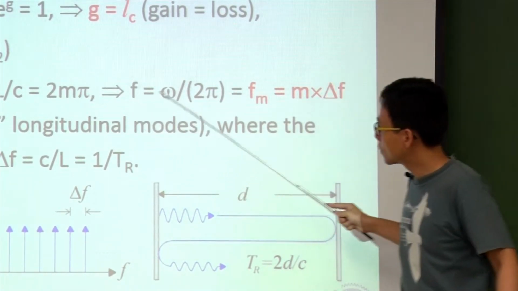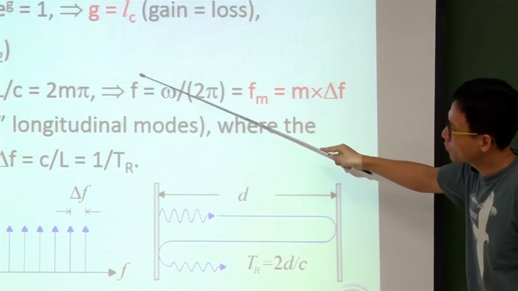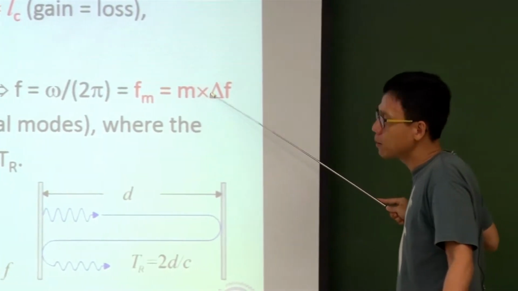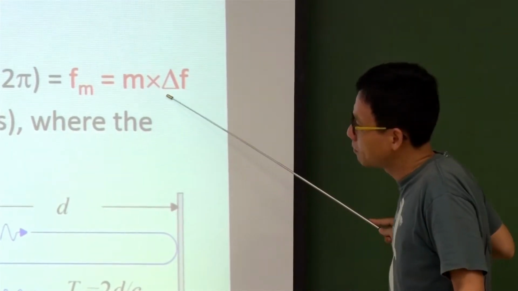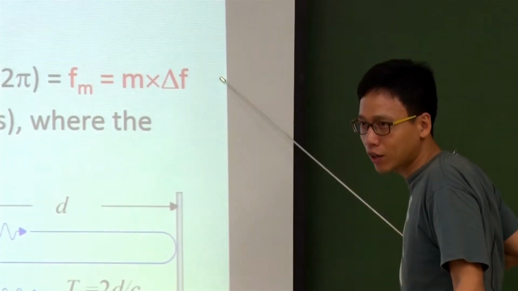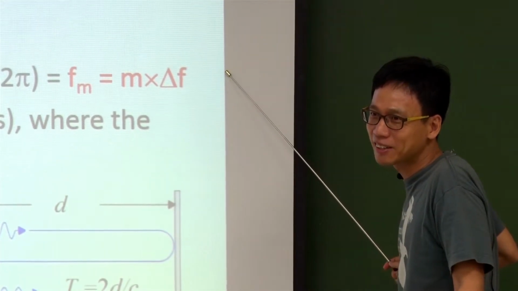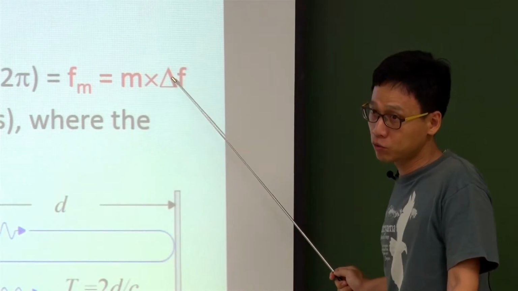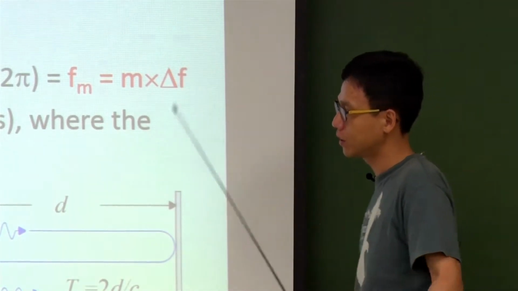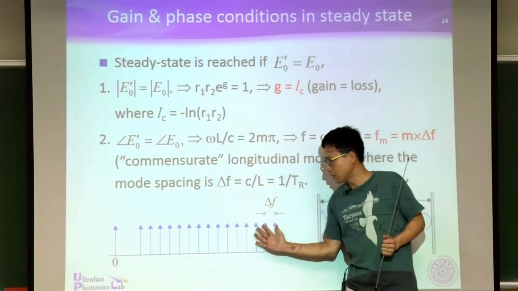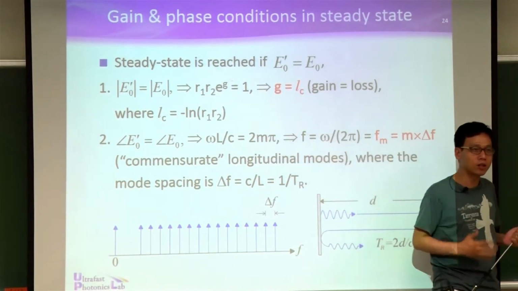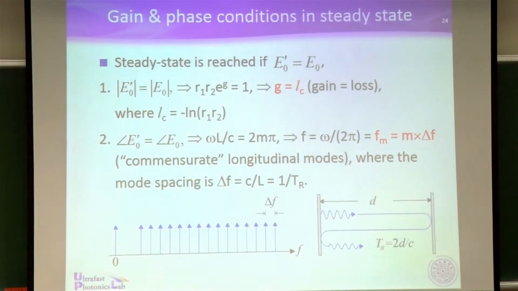So in other words, your permitted frequencies is no longer m times delta f only, but some extra constant. Okay? 所以你的频率不再是 delta f 的整数倍而已了，它还有一个 shift，也就是这整个 spectrum 都有一个小小的平移，because of the complexity of R1 and R2.